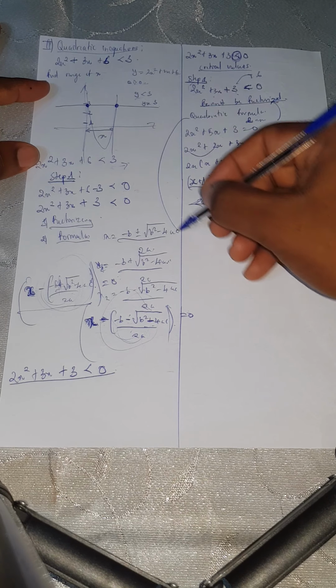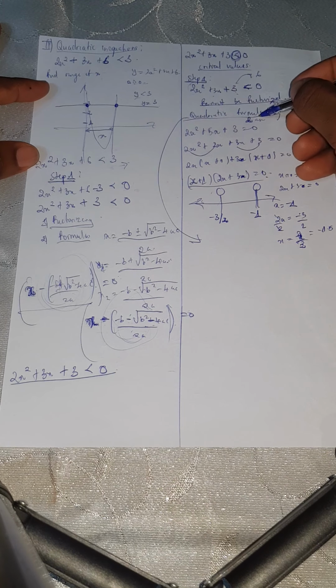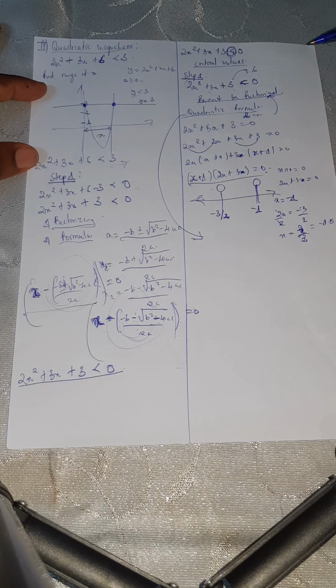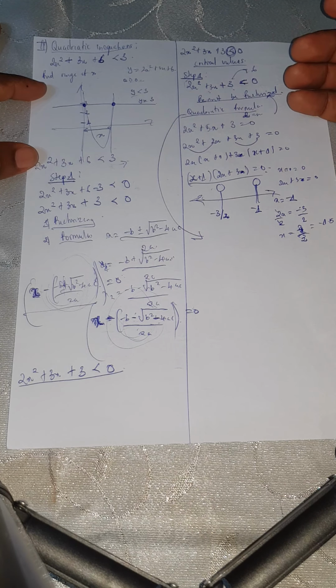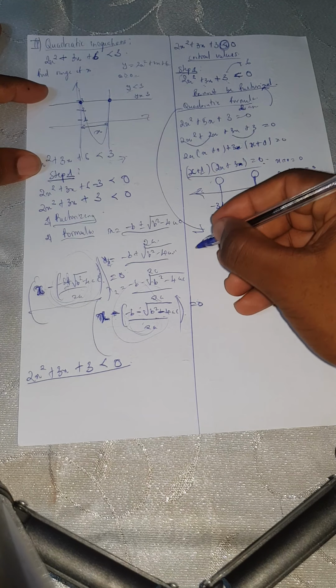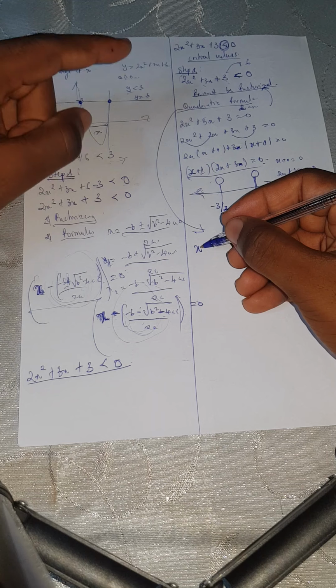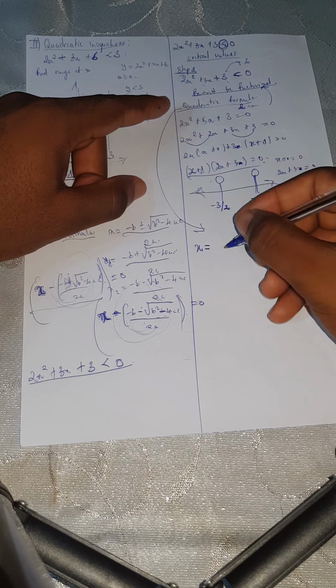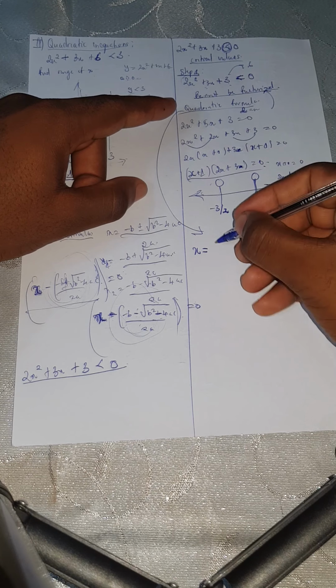Now let's use the second method initially given to you, the quadratic formula, because this equation that we initially had was not capable of being factorized. So how will I proceed? I will try finding x while using the quadratic formula. x in this case will be equal to negative b. b here is 3.